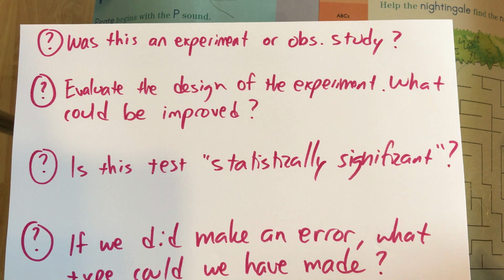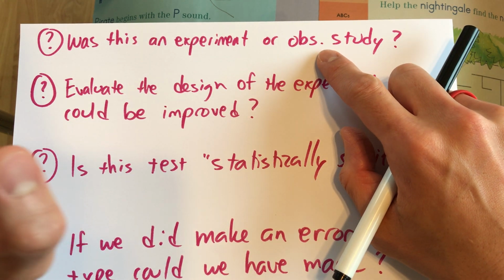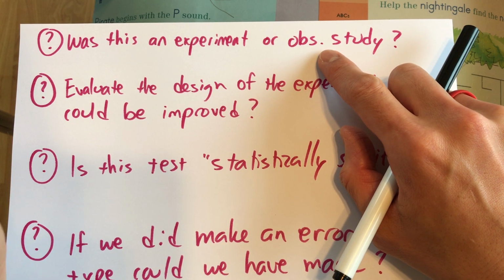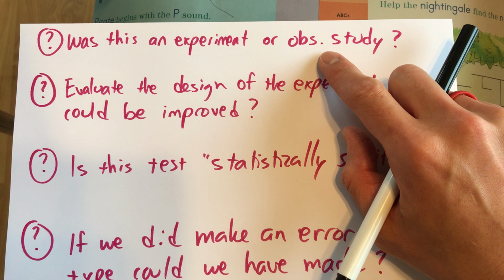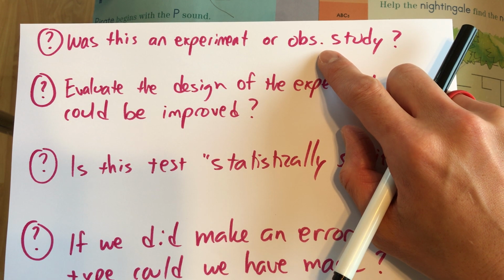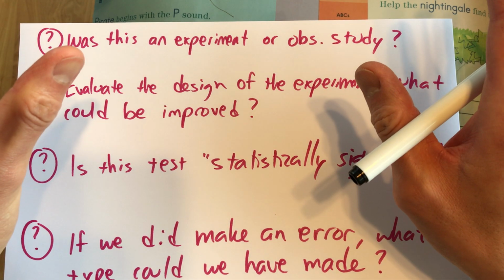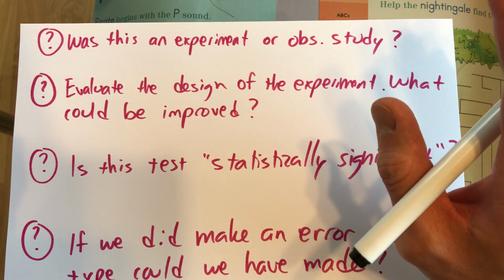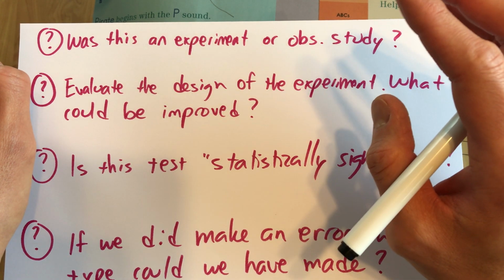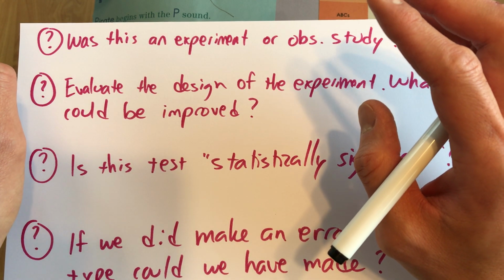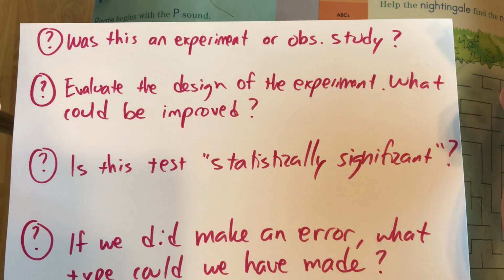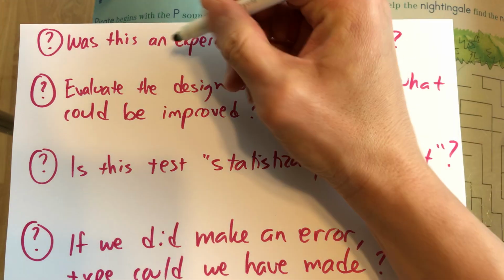So, was this an experiment or an observational study? Remember, an observational study is you're simply looking at data. You're not manipulating, you're not controlling, you are not assigning, you are just simply watching. You can go back and collect data, which is a retrospective study. You can go and collect data from here on out, which is a prospective observational study. So in this case, it's an experiment.